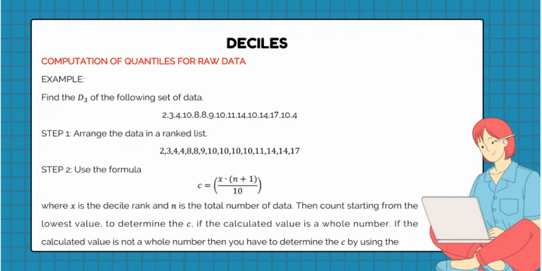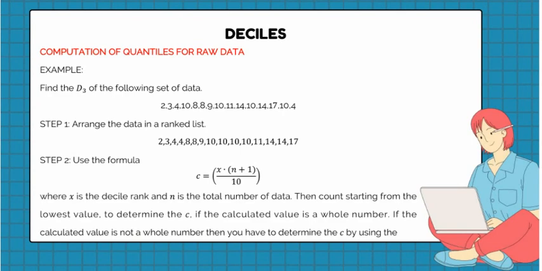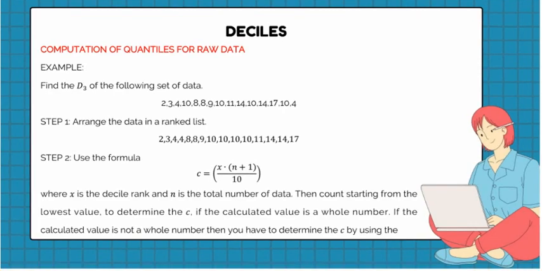Also, I'll give you a formula in order to find our deciles. So basically, still we are going to arrange the data in a rank list, which is step 1. If it's disarranged just like this one, yung 2, 3, 4, 10, 8, 8, 9 up until 4 is a disarranged data set.